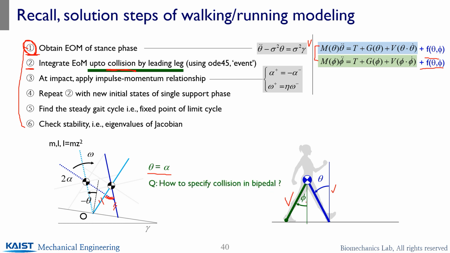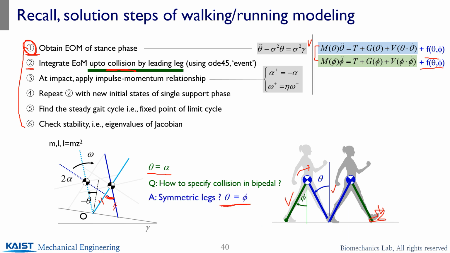How about the bipedal? This is going to be the initial posture, and what will happen is your swing leg goes over to the front and then the collision occurs here, right? So you're going to have the same angle for the stance leg and swing leg.